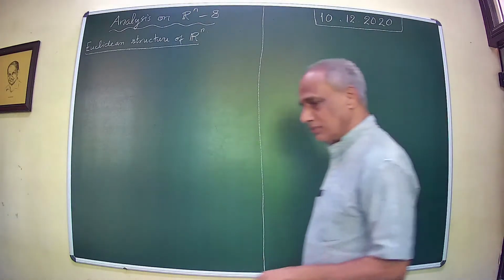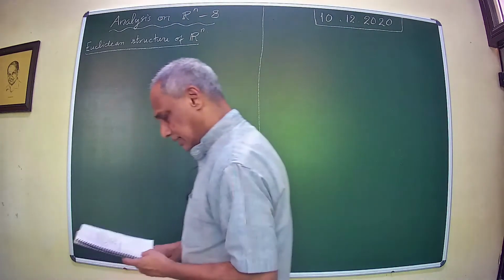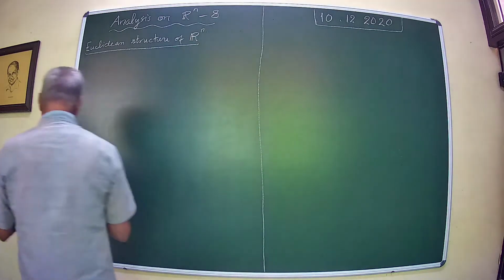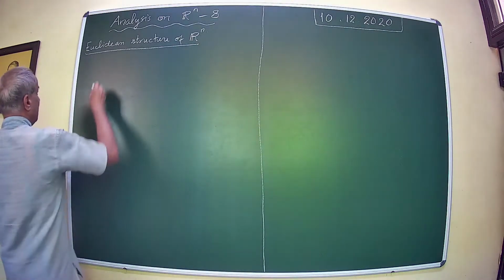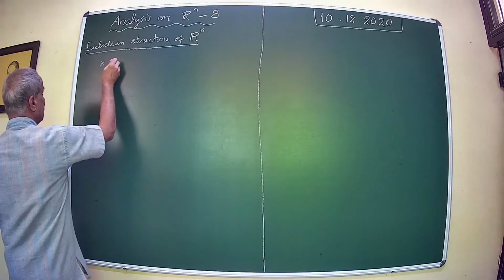So what is it that you have? Let us write down the essentials that we have already seen. So we are in Rn, so we fix the notations.